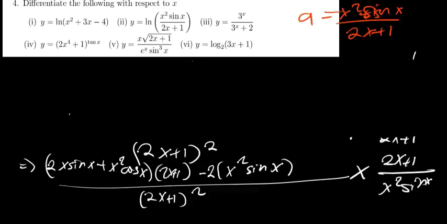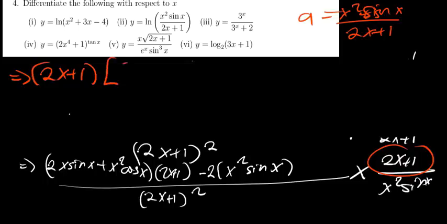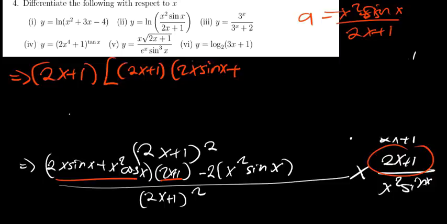The final answer will be 2x plus 1, you put them in brackets, then a big bracket, then we still have 2x plus 1. Then I write 2x sine x plus x squared cos x, then I do minus 2x squared sine x.